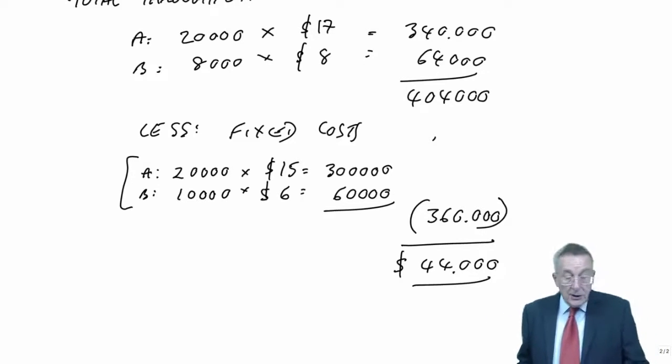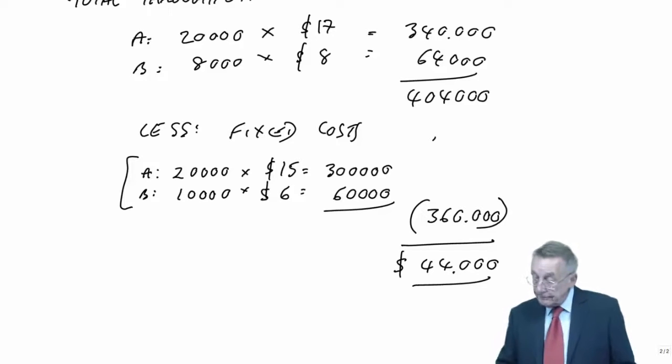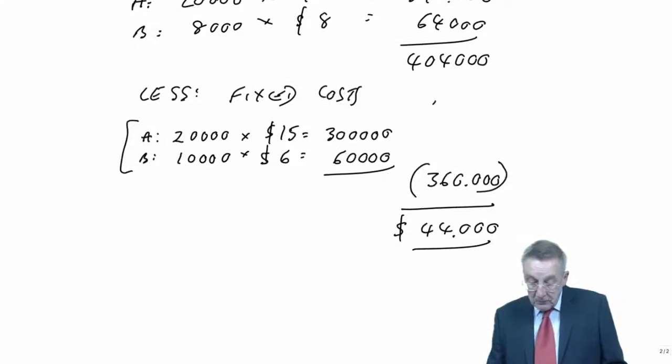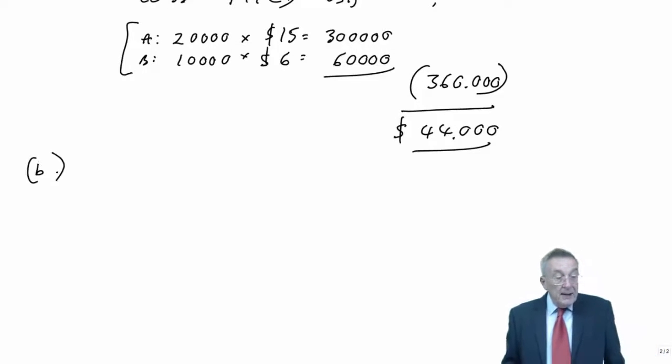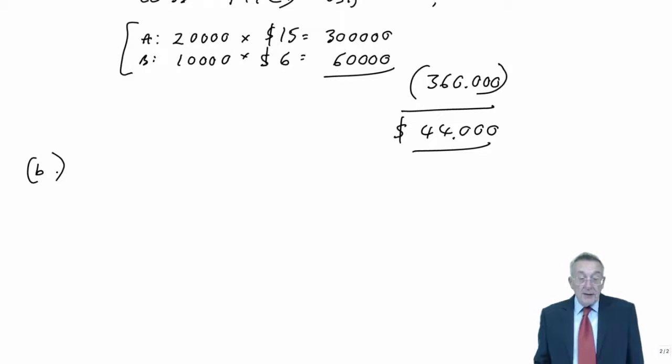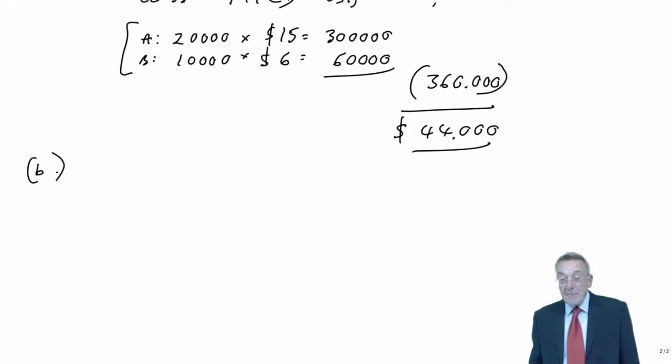A couple of other things to mention in this question. First of all, B. A bit of definition here, but B says calculate and interpret the throughput accounting ratios.